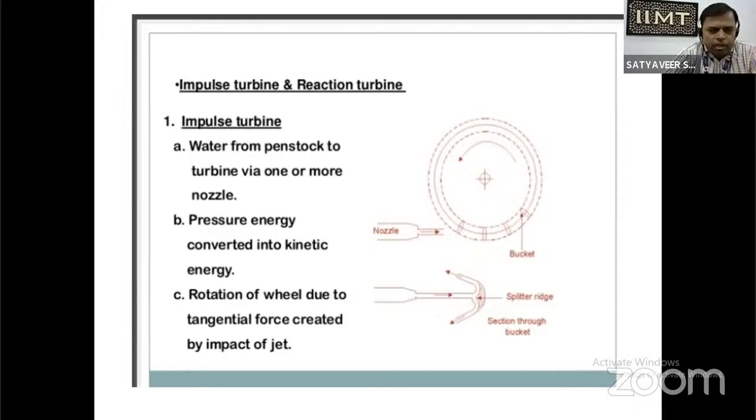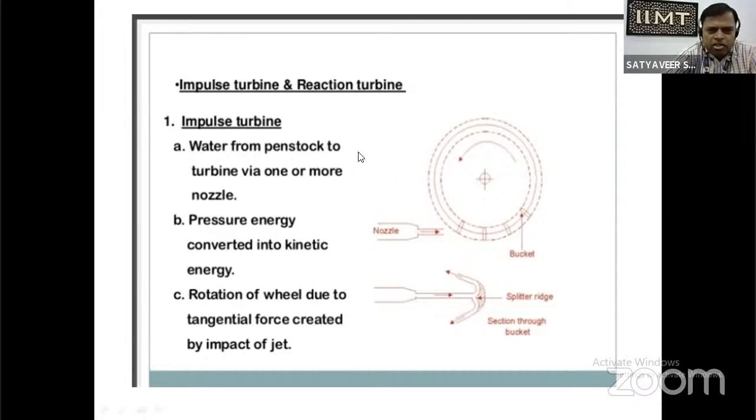Basically, whenever we project water onto the bucket, the bucket starts rotating. The bucket is fixed on the turbine runner, and the runner is fixed on the shaft. So the turbine shaft is rotating, and the hydraulic energy is converted into mechanical energy. First of all, we will talk about how the water comes into the turbine chamber.